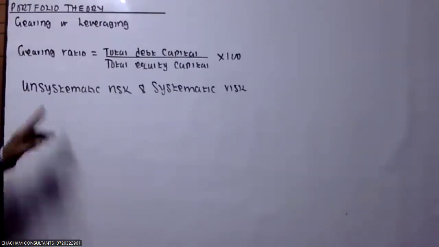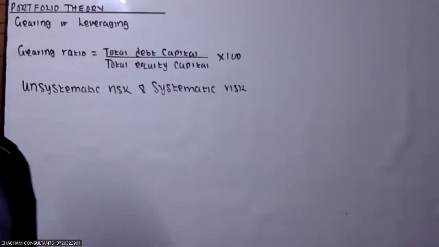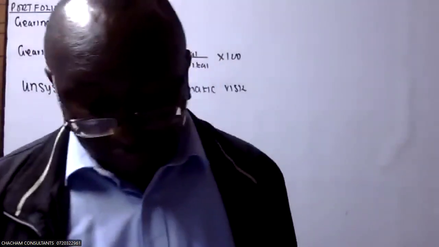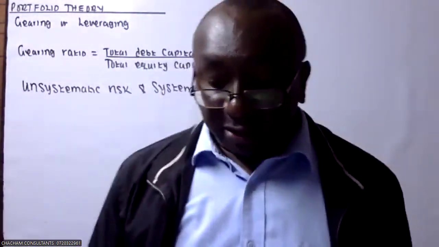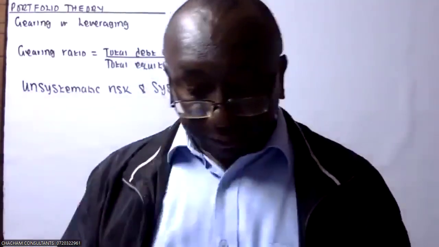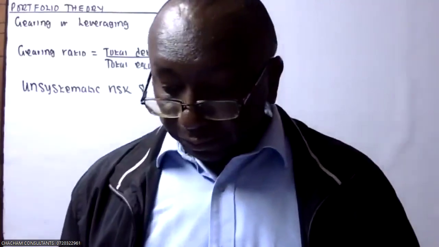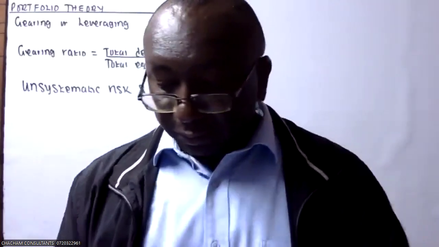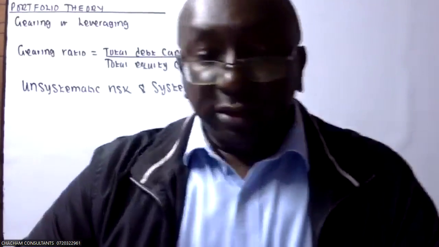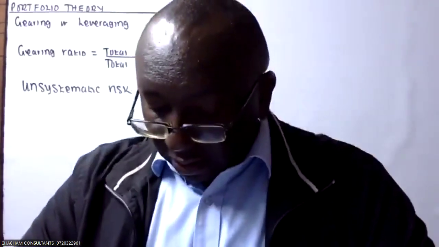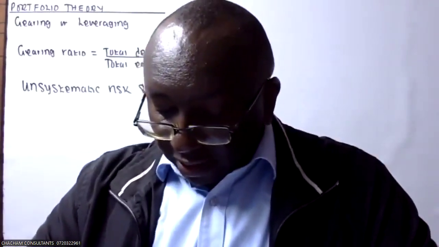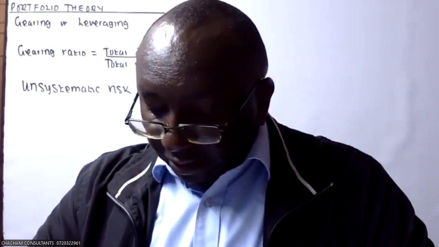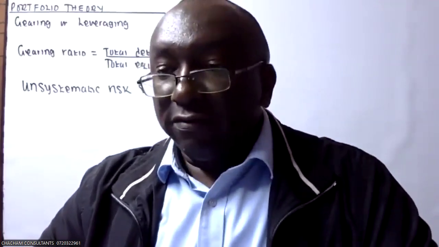So let's start with the first one, unsystematic risk.